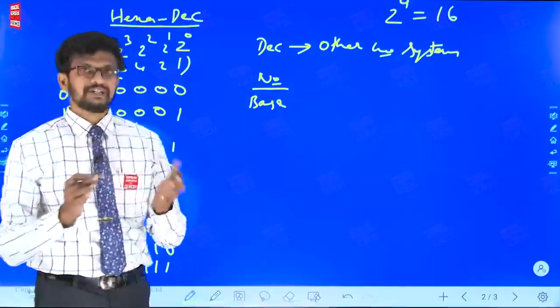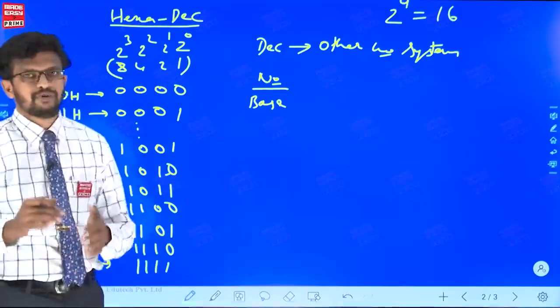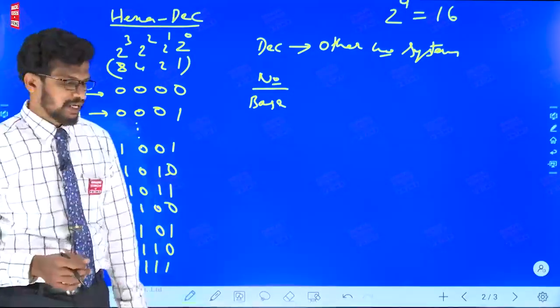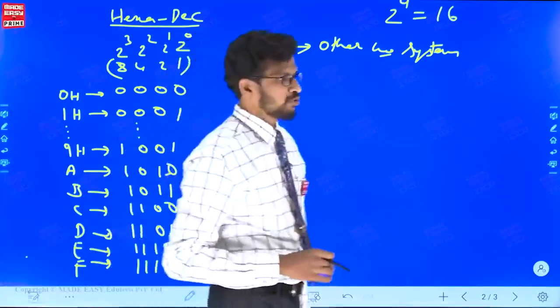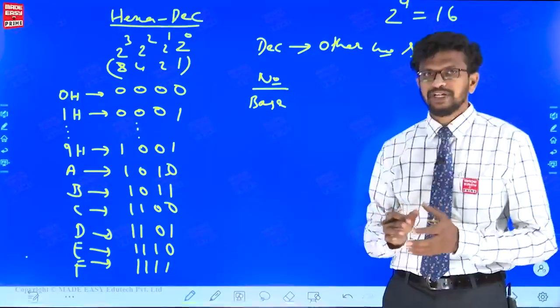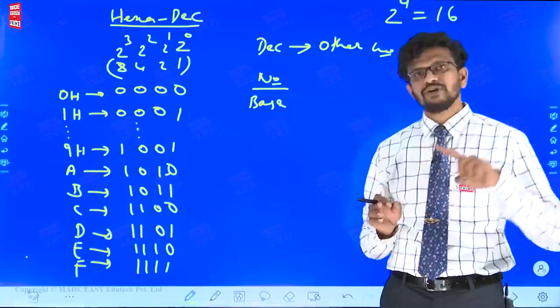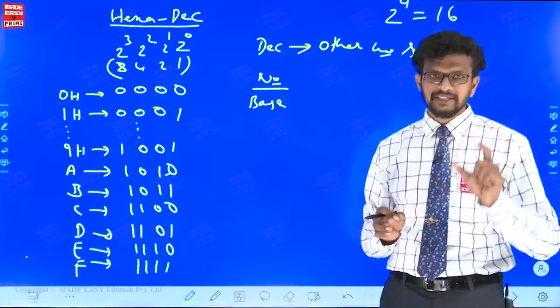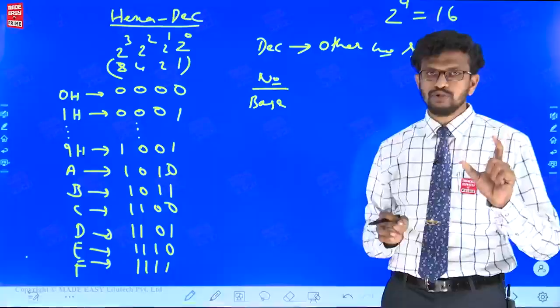And when you get the remainders, take the remainders from last to first. So the method is: divide the value by the base of the required number system, then consider the remainders from last to first.